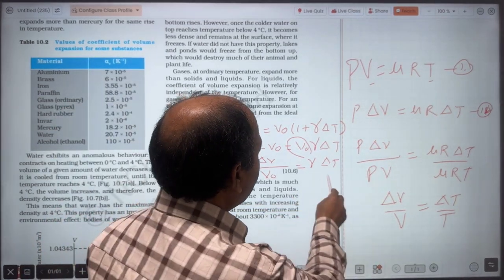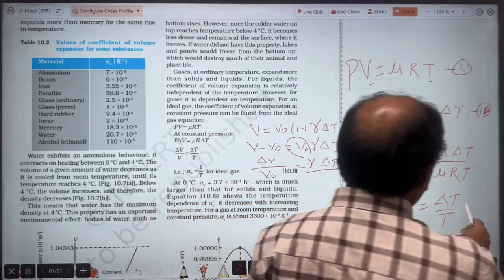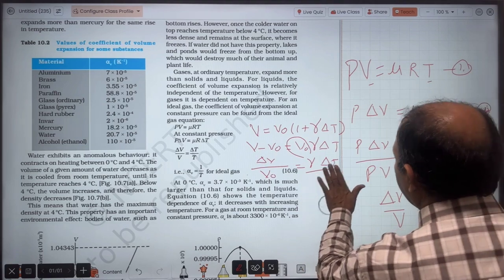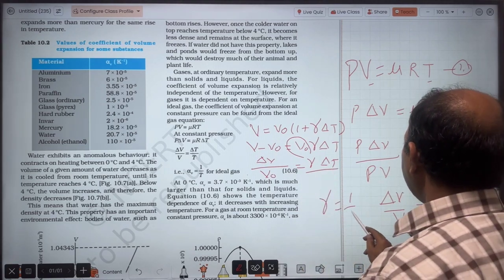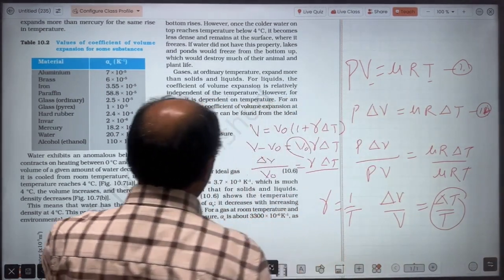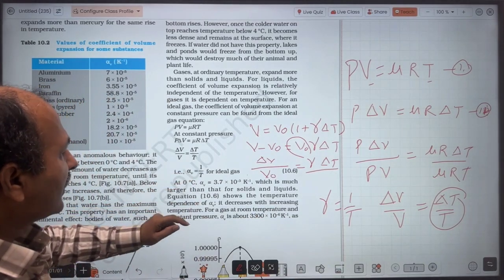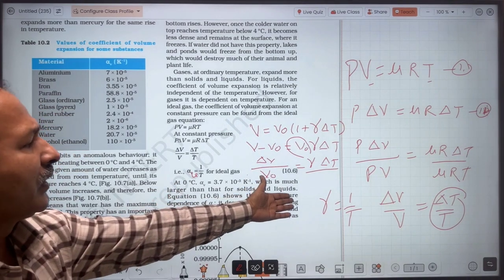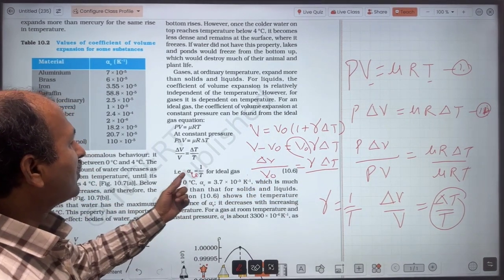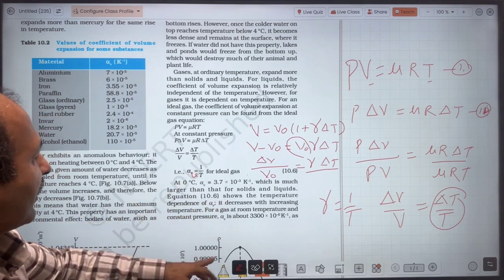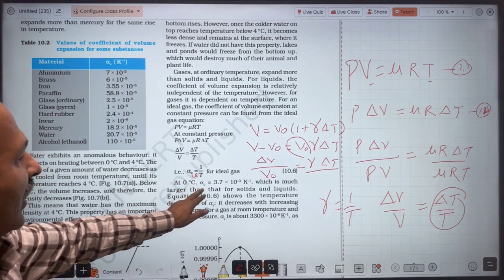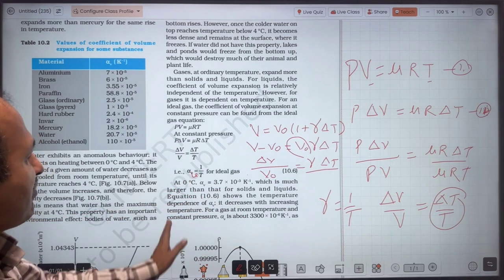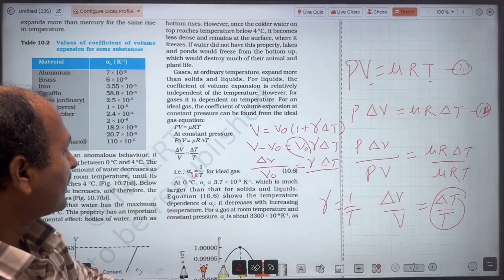Comparing gamma times delta t with delta T upon T, gamma and T are in inverse relation, so we write gamma equal to 1 upon T. The same thing they are writing here, in place of gamma they have written alpha with V as subscript for volume, the coefficient of cubical expansion, so 1 upon T. At 0 degree centigrade, alpha V is 3.7 into 10 power minus 3 per Kelvin, which is much larger than that for solids and liquids.